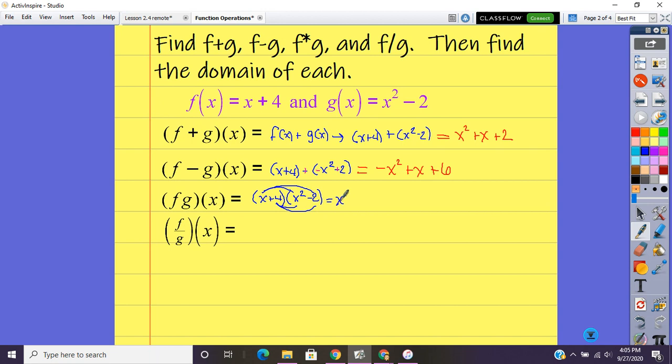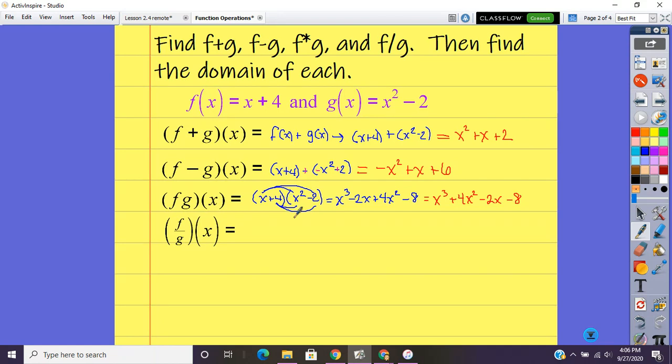So the first one would be x cubed minus 2x plus 4x squared minus 8. And then we want to write our answer in standard form. Remember, our standard form is highest exponent to lowest. So x cubed plus 4x squared minus 2x minus 8.